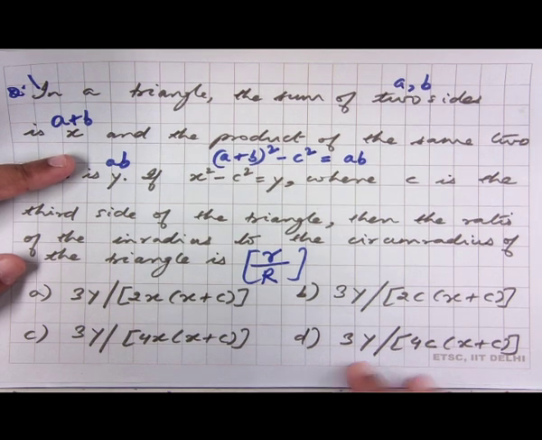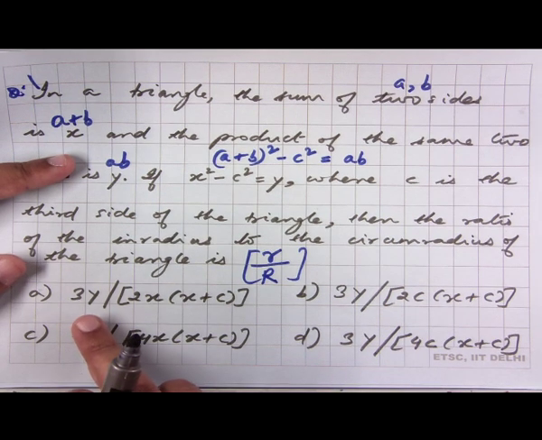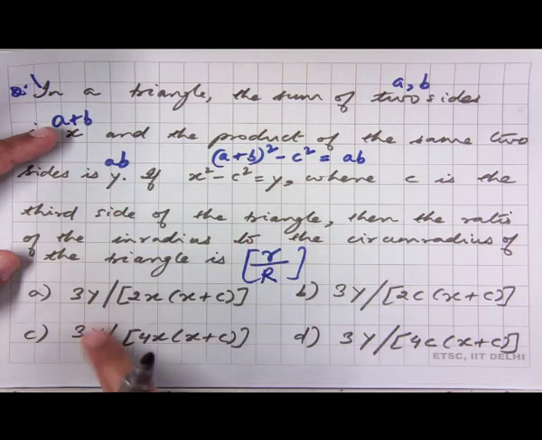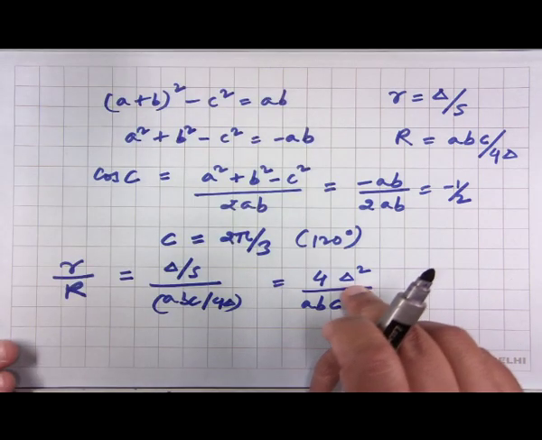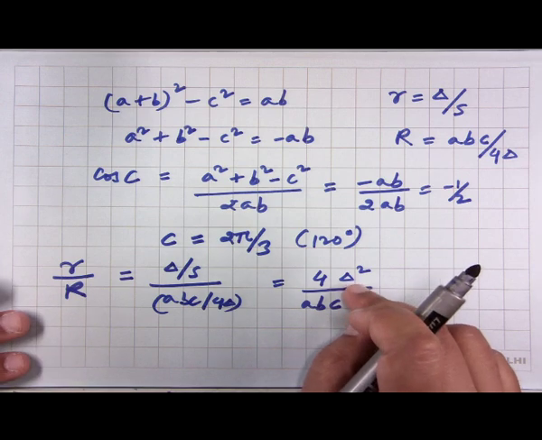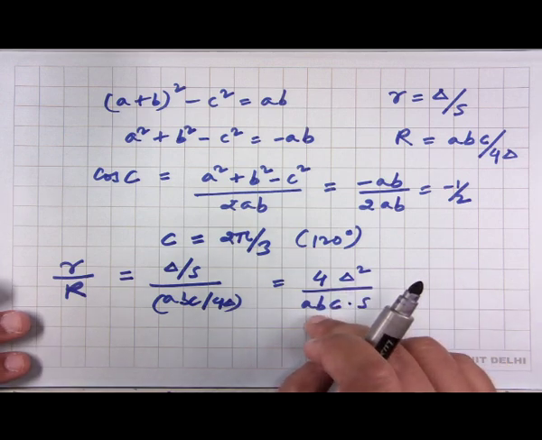The numerator in all these options is y, which is AB. So, somehow we should get y, which is AB, in the numerator here. Right now AB is in the denominator.